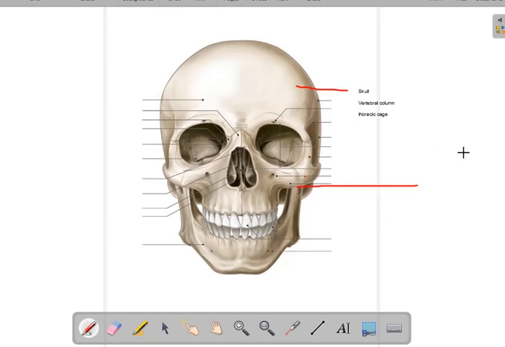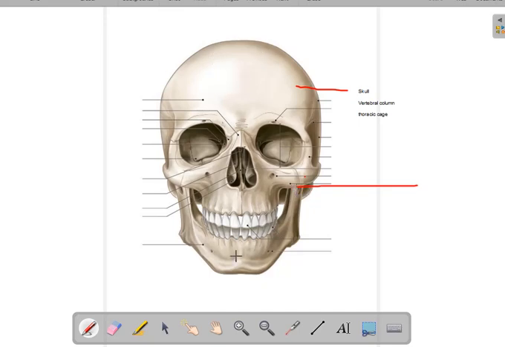Otherwise, the skull is formed from several bones united together by fibrous joints called sutures, and these joints don't allow movement except slight movement at the base, which allows a decrease in the size of the skull. The skull forms the bones of the facial skeleton, and it protects the brain.